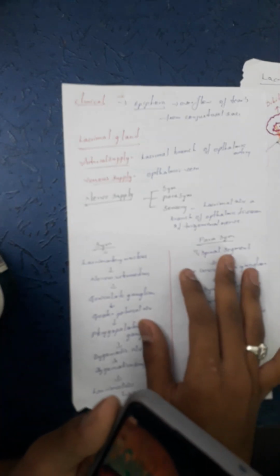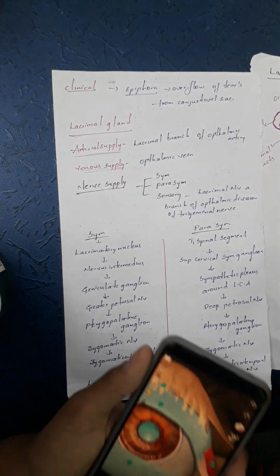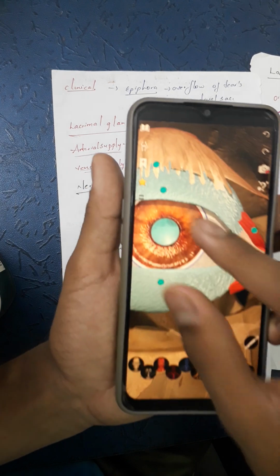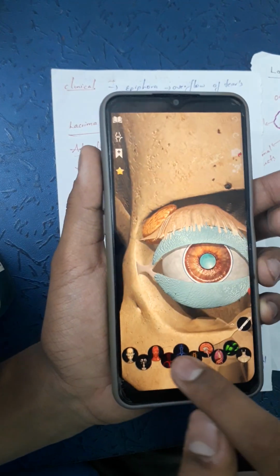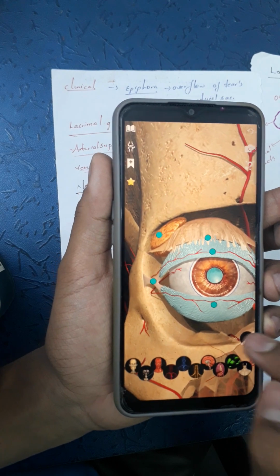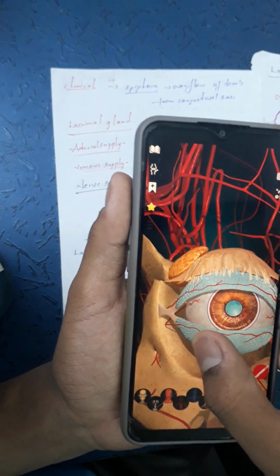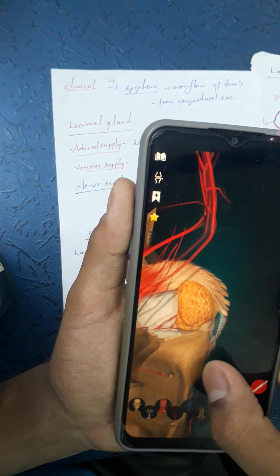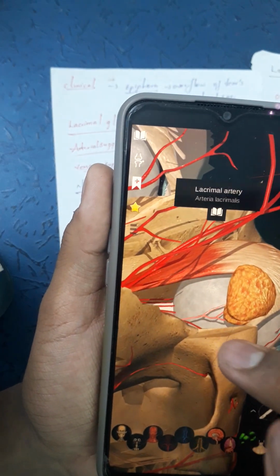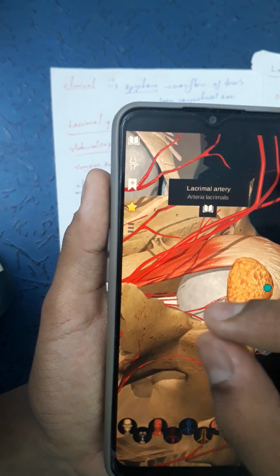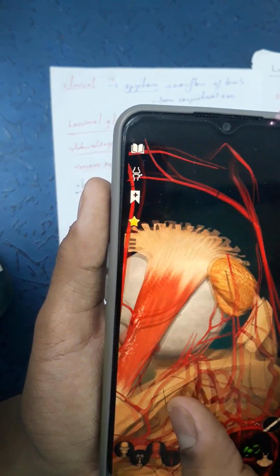The lacrimal gland is supplied by the lacrimal branch of the ophthalmic artery. So here I'm going to show you. Let's remove this bone. As you can see here, this is the lacrimal artery, which is the branch of the ophthalmic artery.